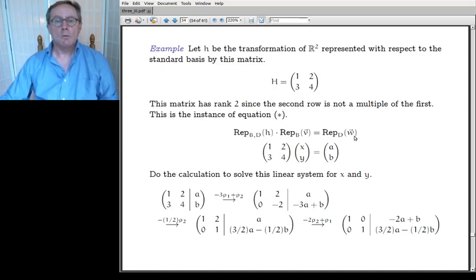To figure out what is in the range, I do Gauss's method here. And it turns out that if you give me an A and a B, I can find a way to combine the inputs. So we get that this map is onto.